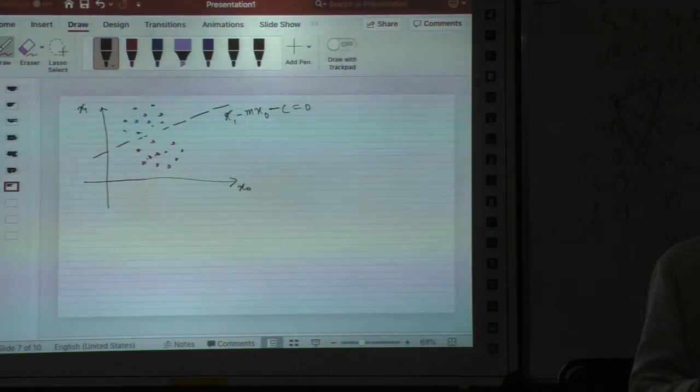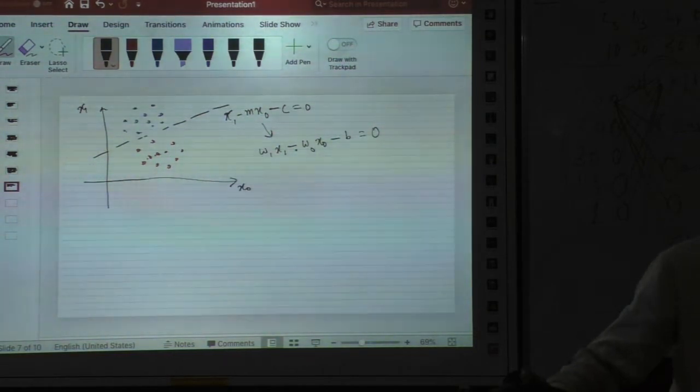Can I analogously write it like this, without loss of generality?